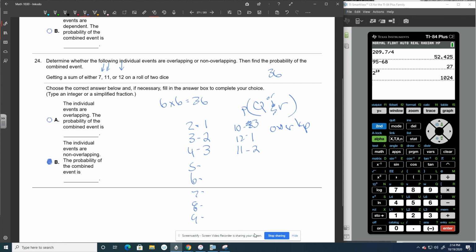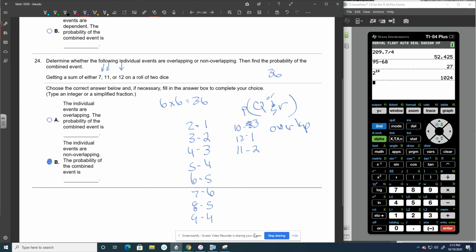5s, there are how many different ways? 4. Same with 9s, because you could get a 1 and a 4, or a 2 and a 3, or a 3 and a 2, and a 4 and a 1. 6s, there's 5 different ways to get 6s and 8s, and there's 6 different ways to get 7s. Okay. Now, I've played a lot of games with dice, and so I know that these are the probabilities.